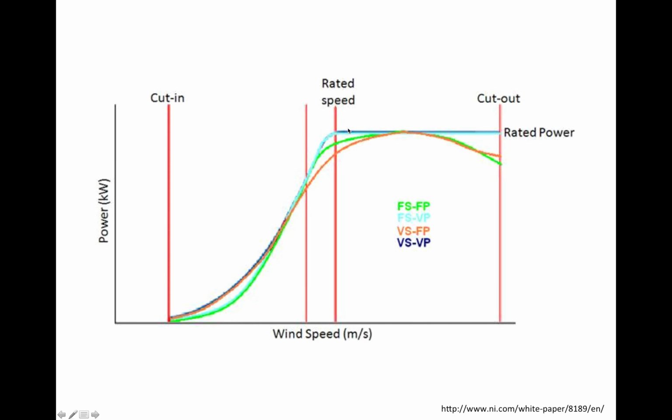So when the wind speed is above the rated speed, what are the options we have? We cannot use electric torque for regulation purposes, even if we have a variable speed wind turbine. The reason is that above the rated speed, the electrical system is already saturated. It's already operating at its maximum capacity.